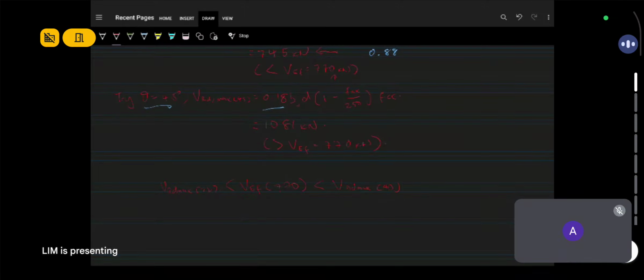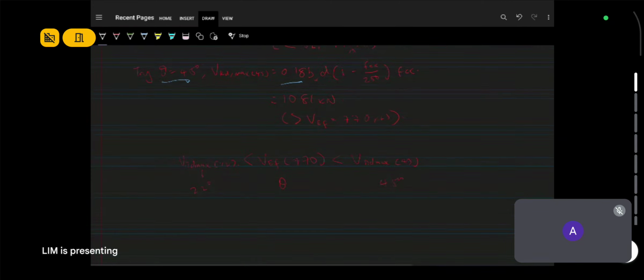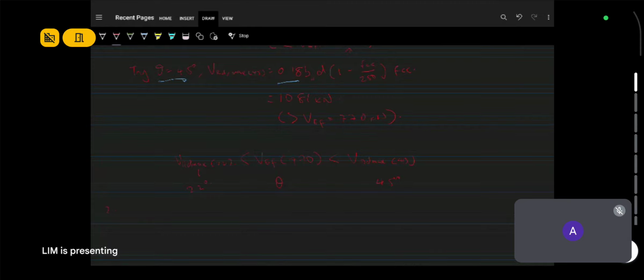So it's somewhere in between. This is assuming 22 degrees. This is assuming 45 degrees. So theta is somewhere in between 22 and 45. So you need to calculate the actual theta.